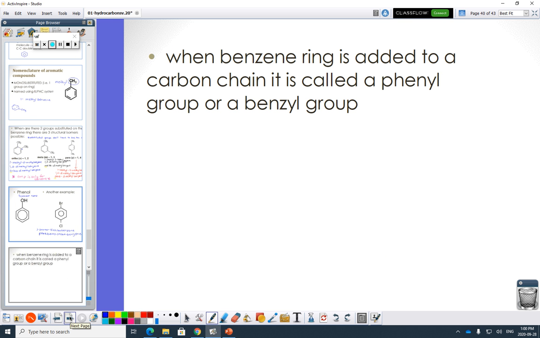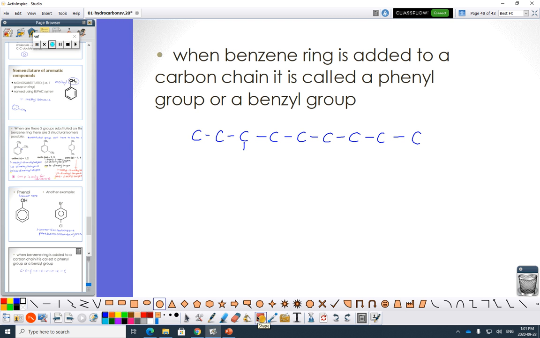Okay, so the only weird thing is what happens if benzene is a branch? So let's say we have, and this is so rare, but again, your textbook sneaks it in. Okay, so let's do 9. I'm going to cheat and use my shapes.